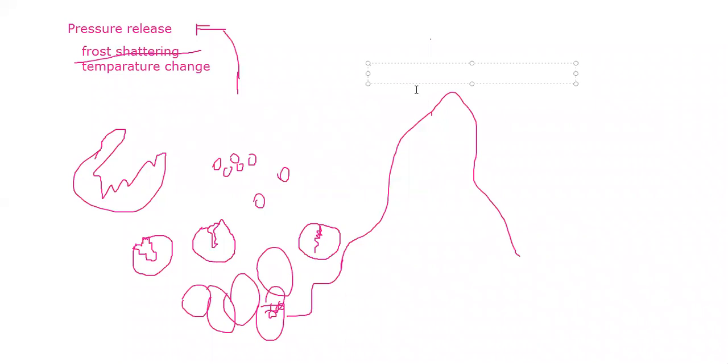You have talus or block fields. Now, please remember this. Talus happens when you have small material, small fragments of weathered rock, by the foot of a mountain or a hill.